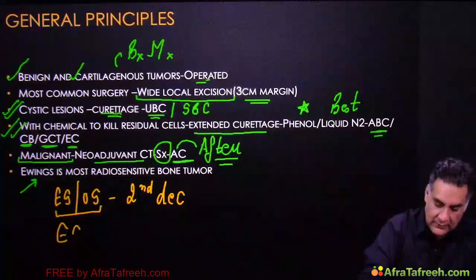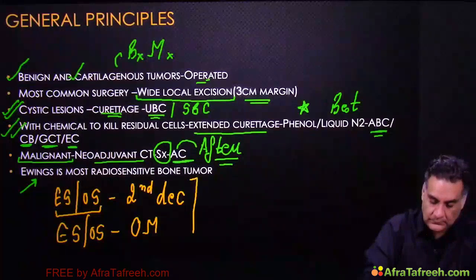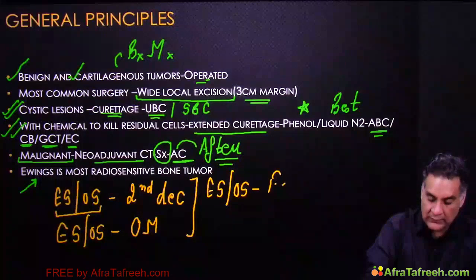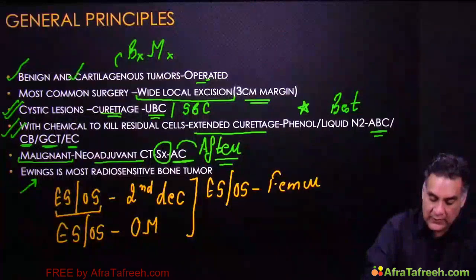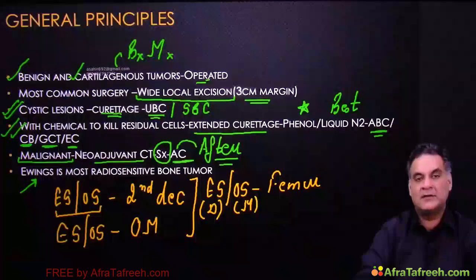Both Ewing's and osteosarcoma, they present like osteomyelitis. Both Ewing's and osteosarcoma, most common bone involved is femur. The only difference, osteosarcoma will involve the metaphysis, Ewing sarcoma will involve the diaphysis.